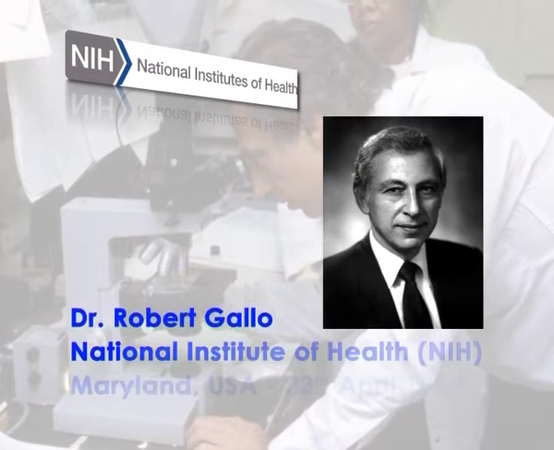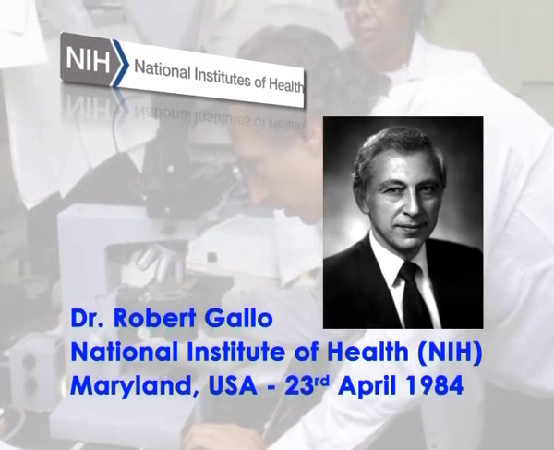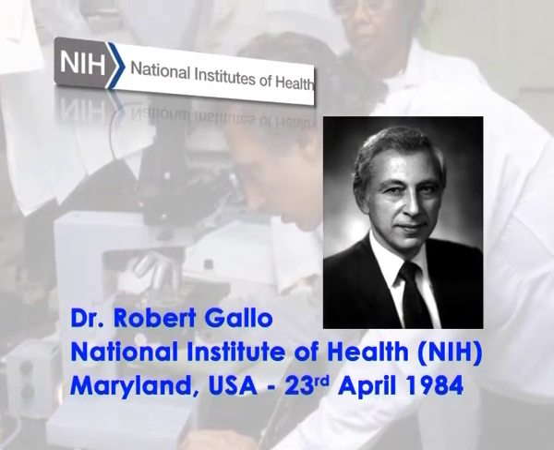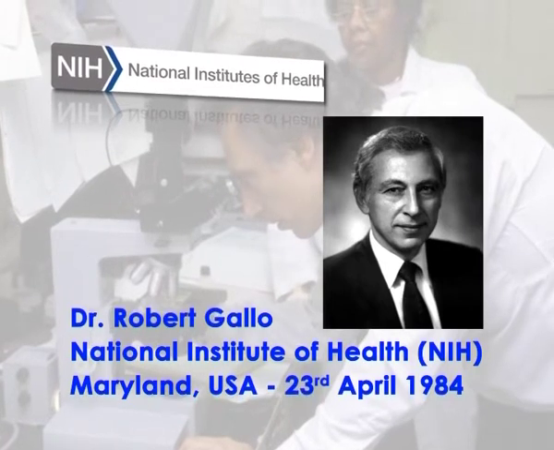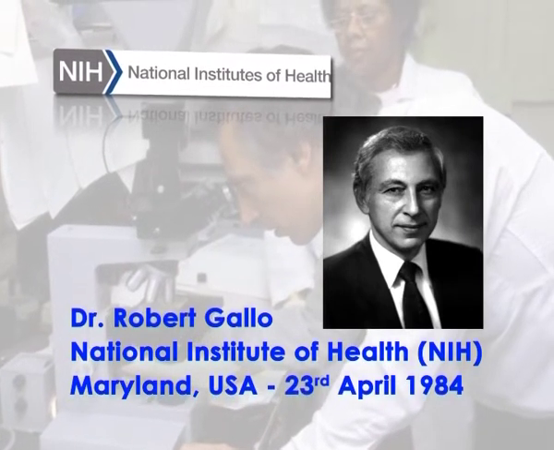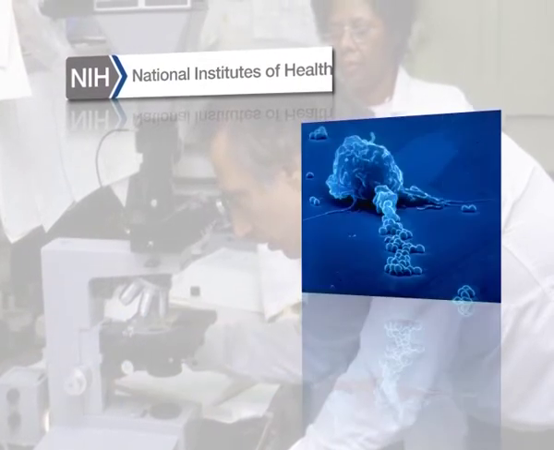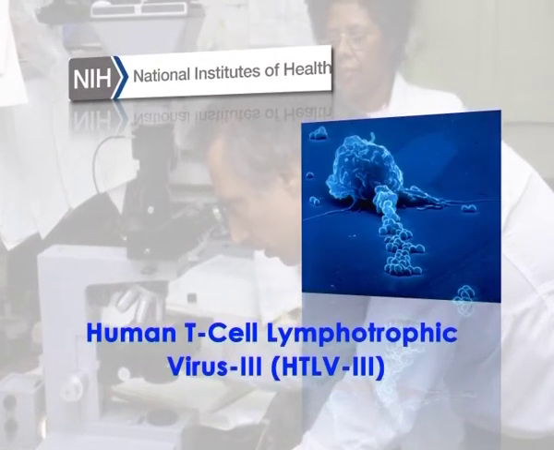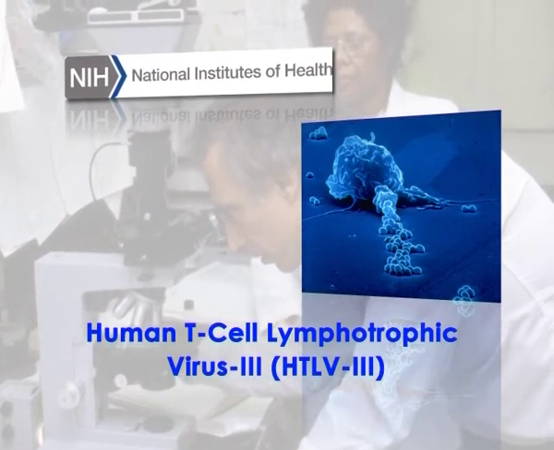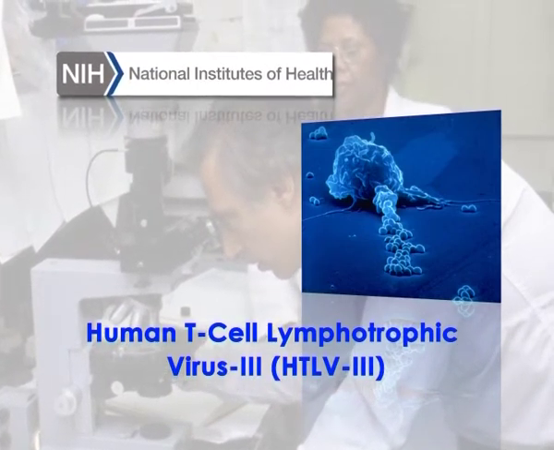On 23 April 1984, Dr. Robert Gallo and his colleagues from the National Institutes of Health, NIH, Maryland, USA also reported isolation of a virus from patients with AIDS and named it human T-cell lymphotropic virus 3, HTLV3.